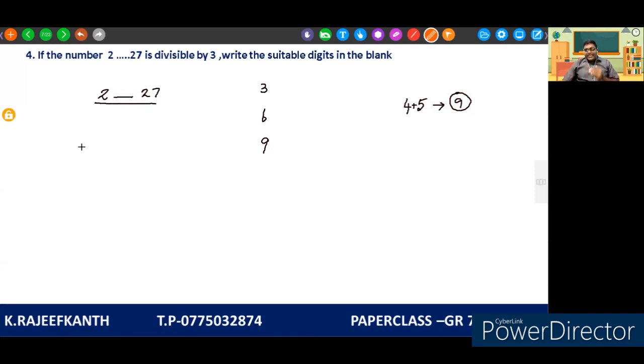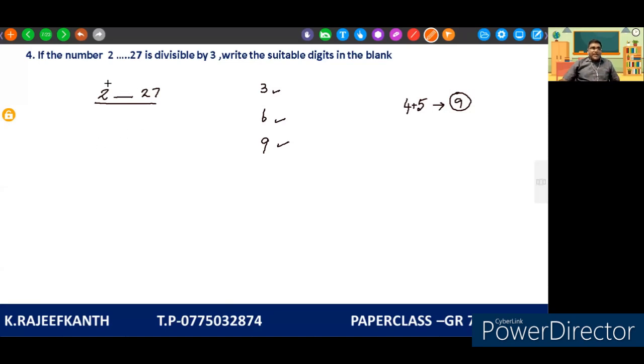That means we can divide this number by 3 without remainder, right? Because if the digital root is divisible by 3, then that number can be divided by 3. Right. So now we have to find this number. What is the digit we are going to write in this blank?